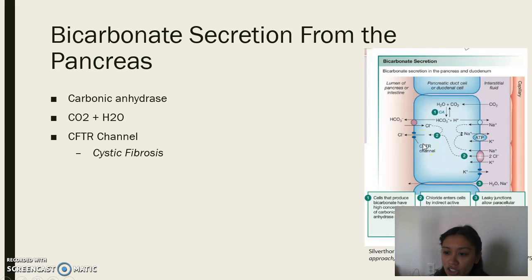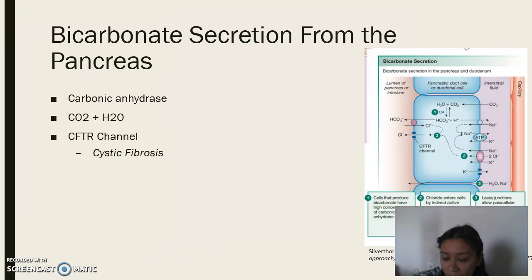Okay, and then the luminal chloride ions will then re-enter the cells in exchange for the bicarbonate ions entering the lumen. So the CFTR channel can be defective, and that will lead to things like cystic fibrosis, which I will talk about on the following slide.